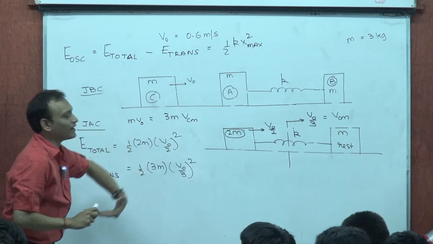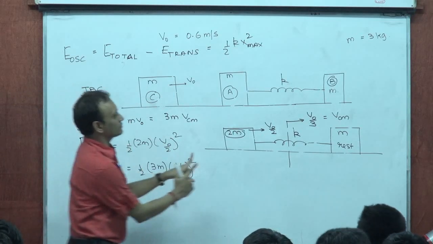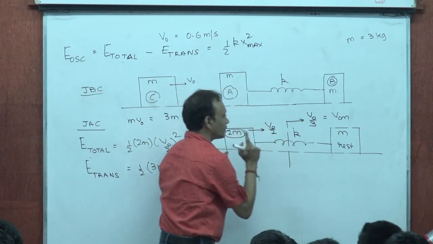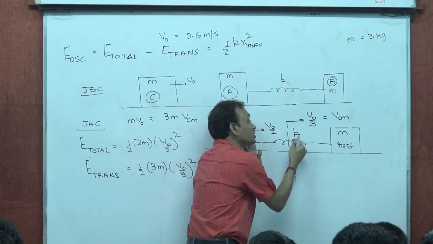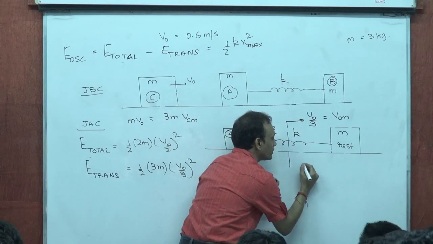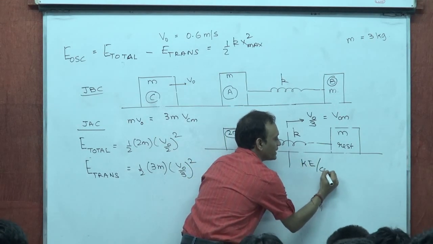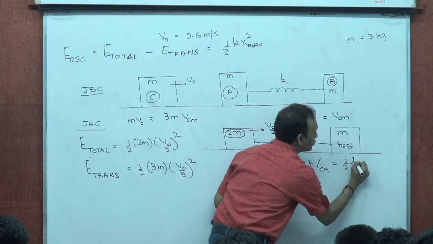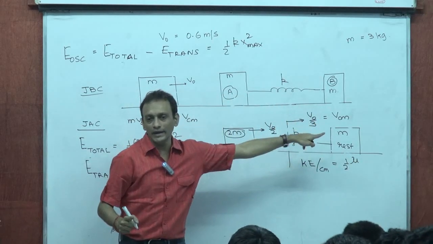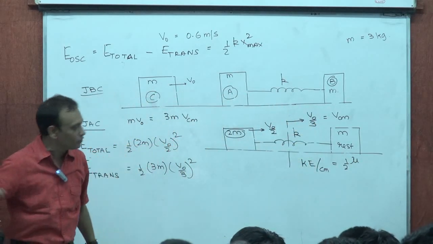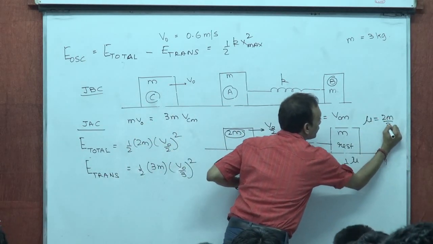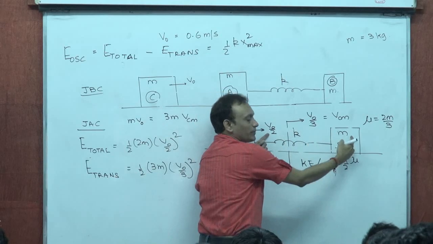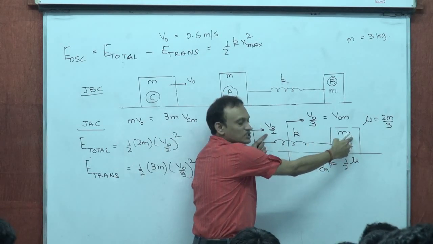The other way we could have calculated x max was, look at this. Spring not elongated. The kinetic energy in the center of mass frame is half of mu into vrel squared, where mu is 2m into m by 3m, so 2m by 3 is mu. Vrel is v0 by 2 whole square, because this has zero velocity.